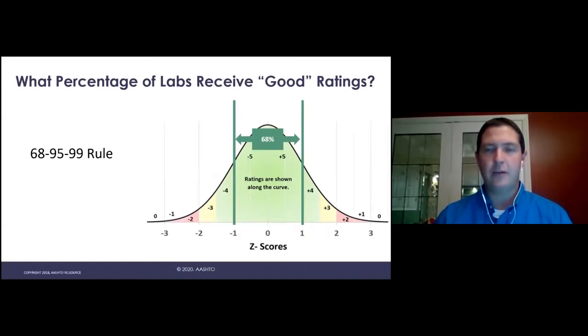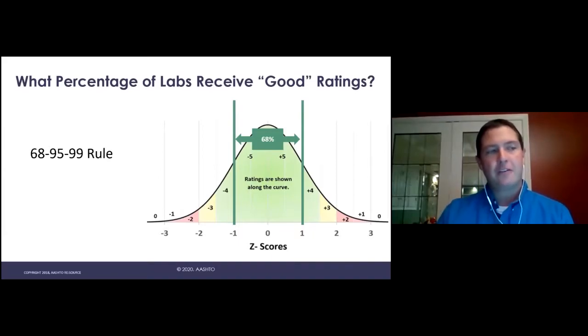And by core data, we're saying that's the best, the most accurate data that we can use for the statistics. So when we talk about this 68, 95, 99 rule, that's based on the bounds of the core data that are selected for the analysis.